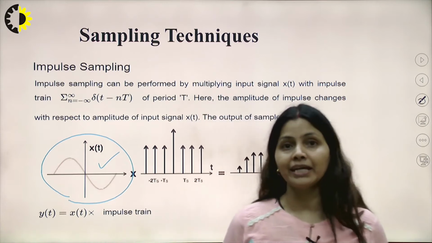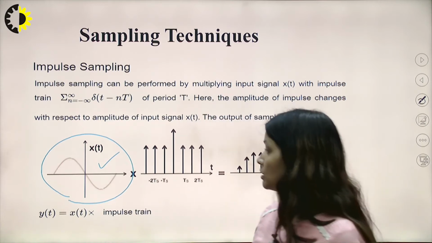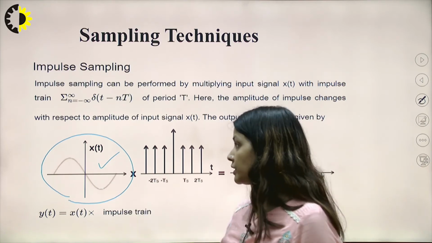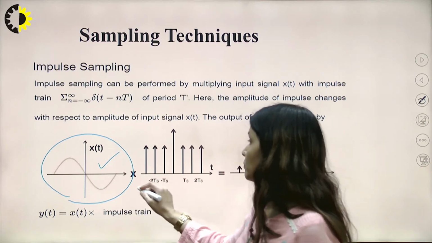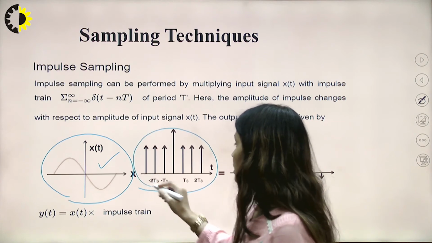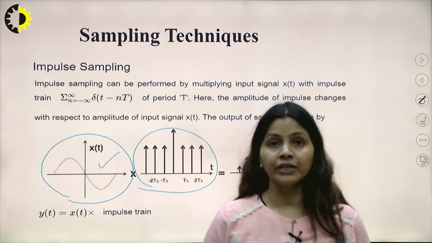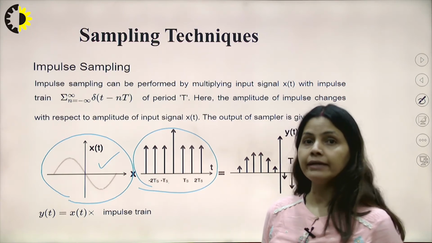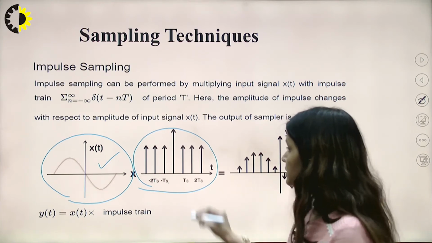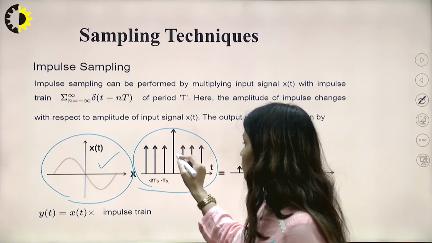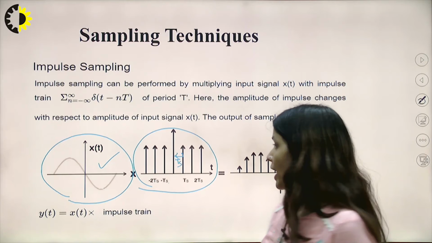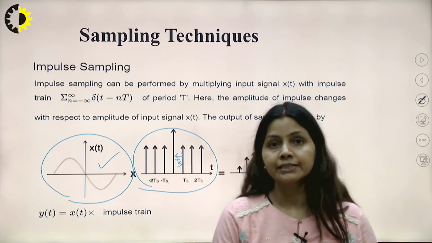Now I will take one signal x(t). For performing the first sampling technique, we just multiply this signal by an impulse train. This impulse train is nothing but delta of t minus nTs, where Ts is the interval between two samples. And how do we calculate this Ts?